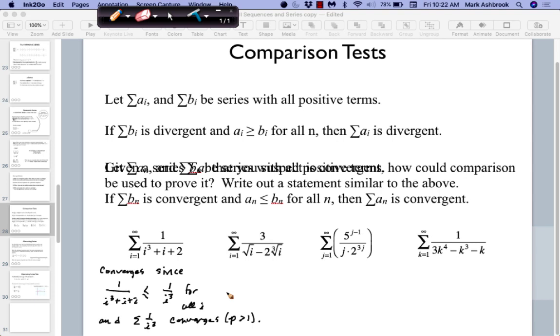So that's a good written explanation, right? Good mathematical justification. So keep going.